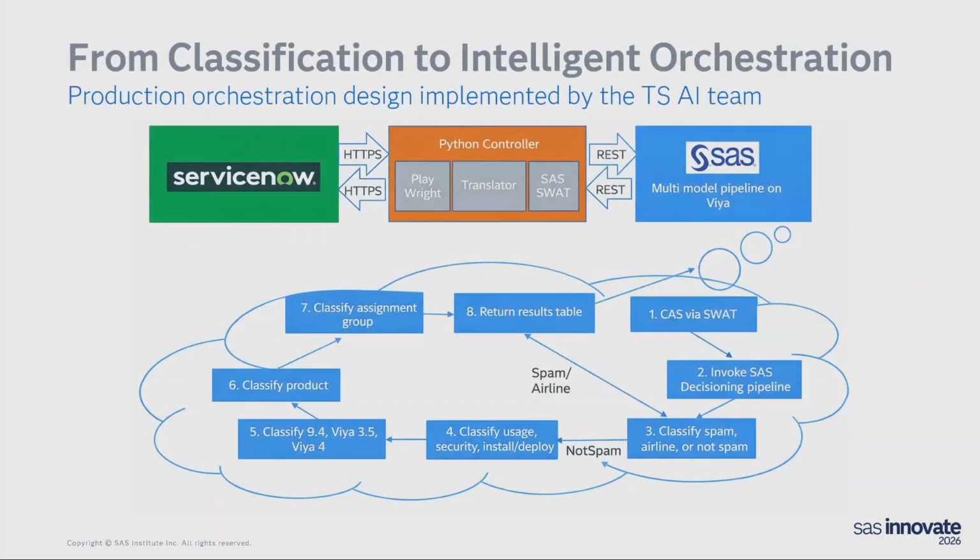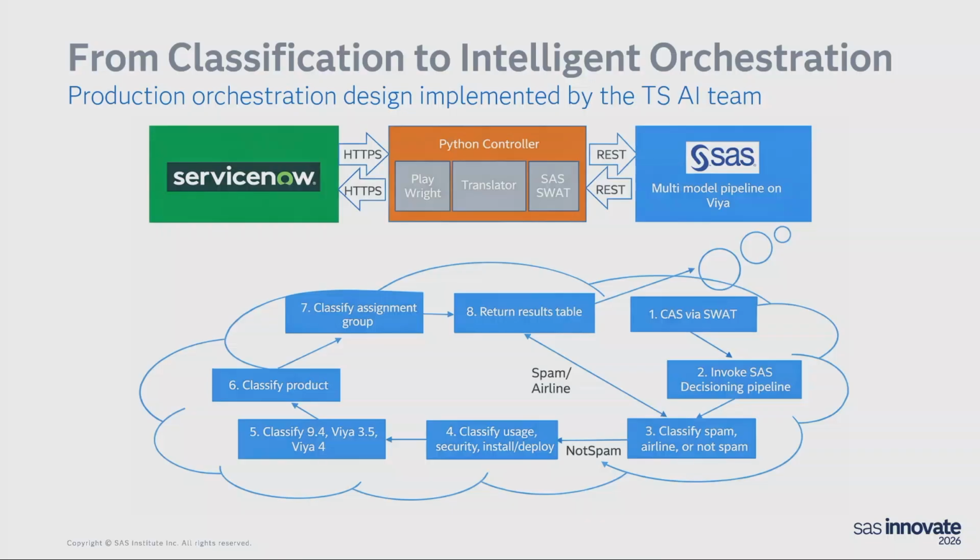So this is how things fit together. I'm not going to go through all the details of every step, but from the top level, here's how it works. ServiceNow will send emails to a controller component where we do summarization or transformation of the data, which gets sent to the SaaS VIA environment, where a multi-model pipeline runs.